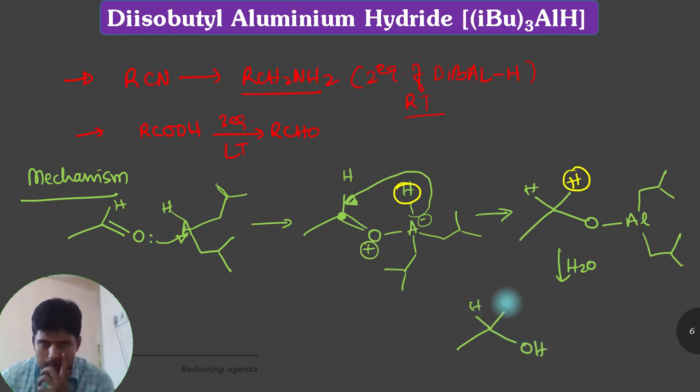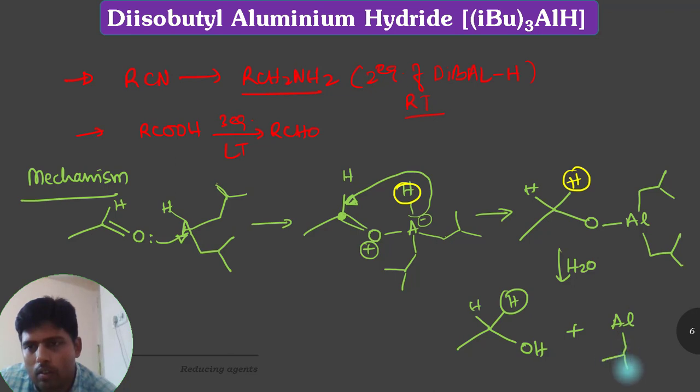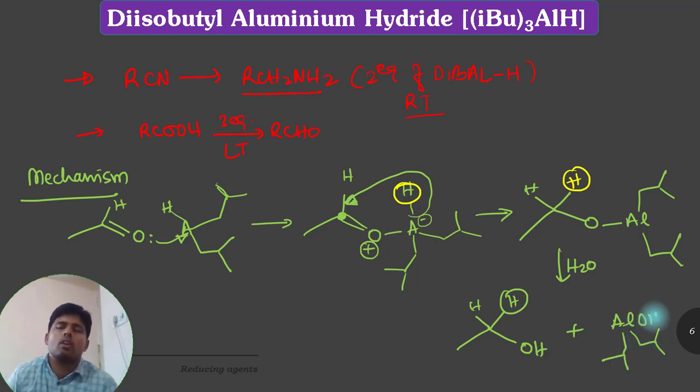This hydrogen is from the DIBALH plus Al-OH. So this will further undergo hydrolysis actually, but here we are focused on only getting alcohol from aldehyde.